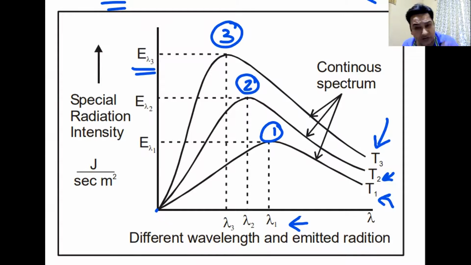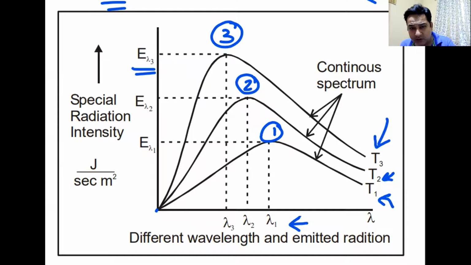Now, my first question and the first thing that you will write would be this. Just looking at the curve and using some common sense, can you tell me which temperature would be more? Now we are assuming that this is drawn for one particular body.